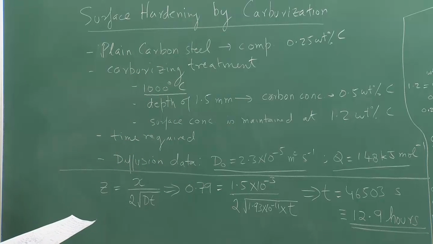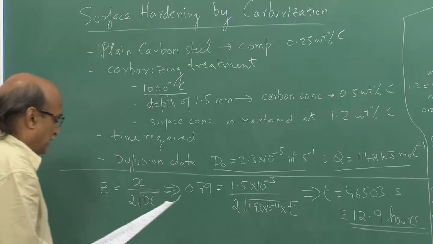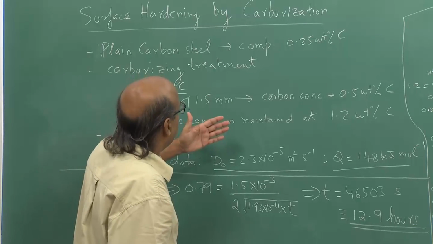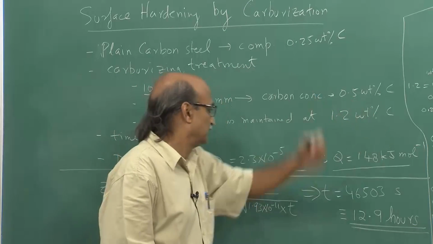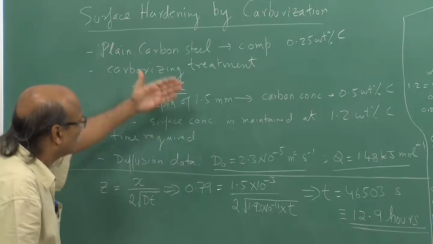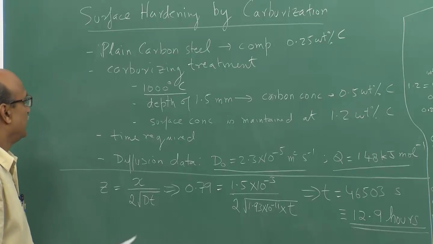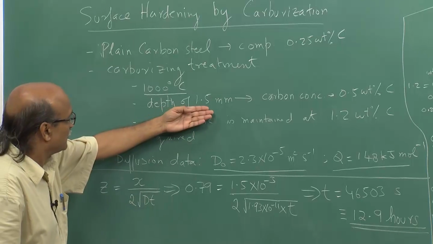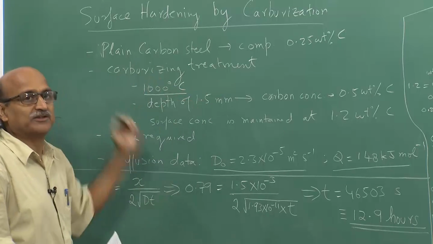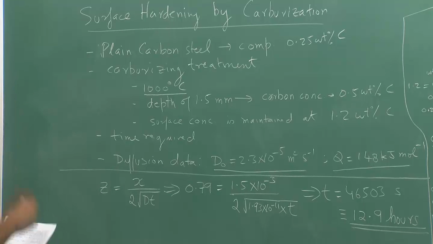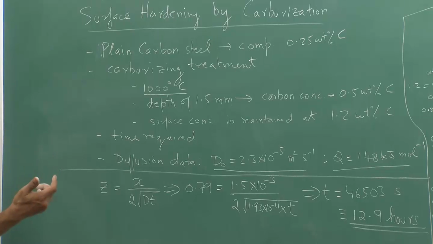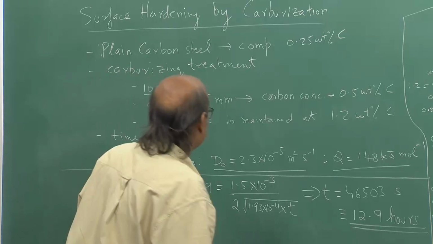Now, suppose I wanted to get the same concentration of 0.58%, not at a depth of 1.5 mm, but at double the depth, at 3 millimeters. If I double the depth, how much time would it require?